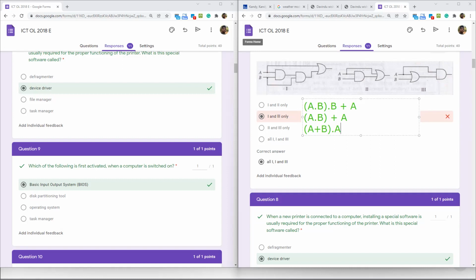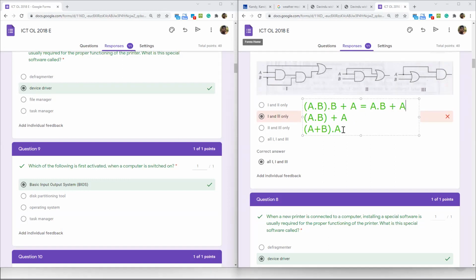One way to do this, you can simply look at the truth table, and then you can recognize whether they are the same or different. But without solving, you can look at this. For example, if you have A dot B, we know that it's A dot B plus A, so simply you can simplify.